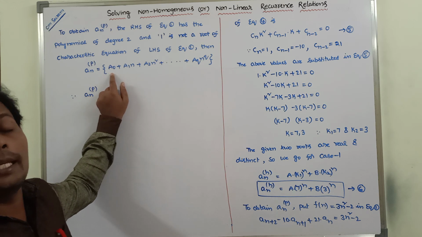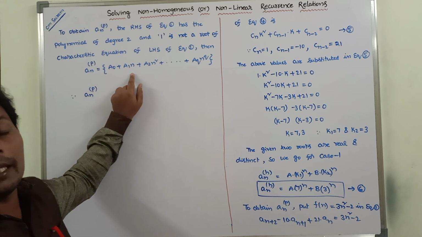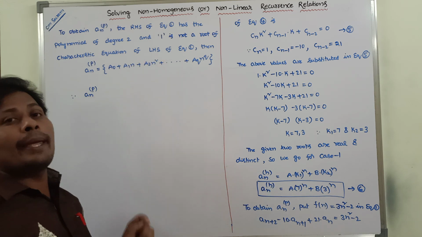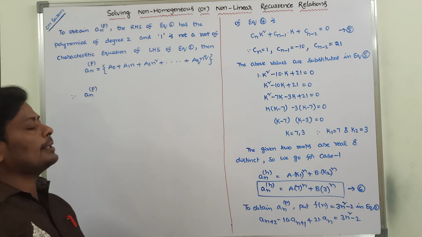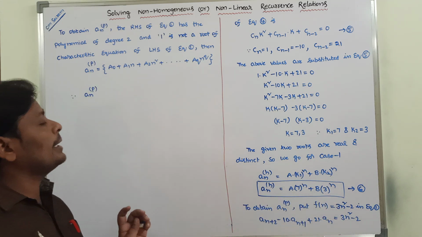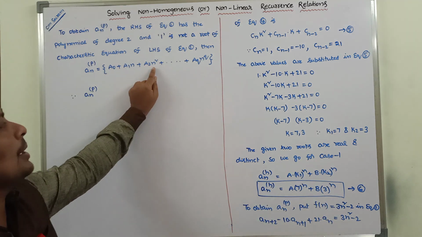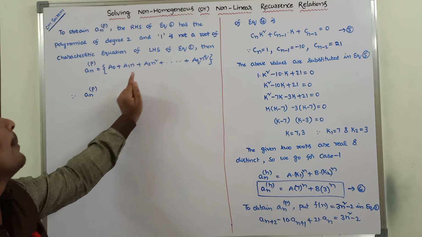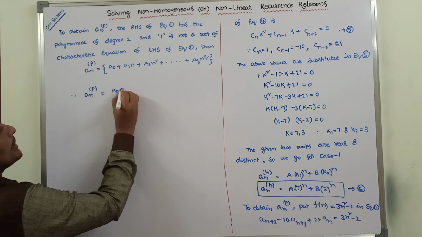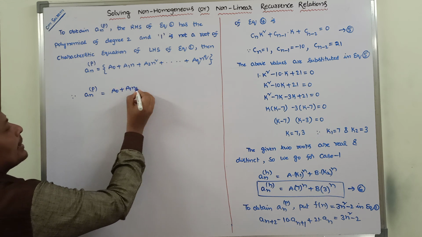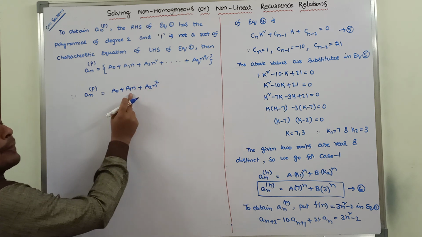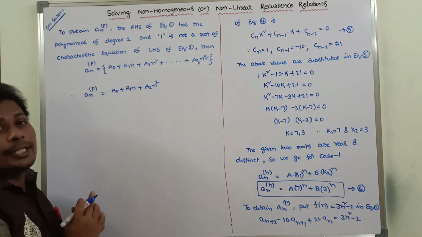Here a naught is for constant, a1n is for nth term, a2n square is for polynomial of degree 2. So here on the right hand side it has the polynomial of degree 2, hence we can say that we can go for up to a0 to a2n square. So then it becomes the a suffix n power p is equal to a0, this is for constant, this is for nth term, and this is for polynomial of degree 2, polynomial of degree 1, polynomial of degree 0.